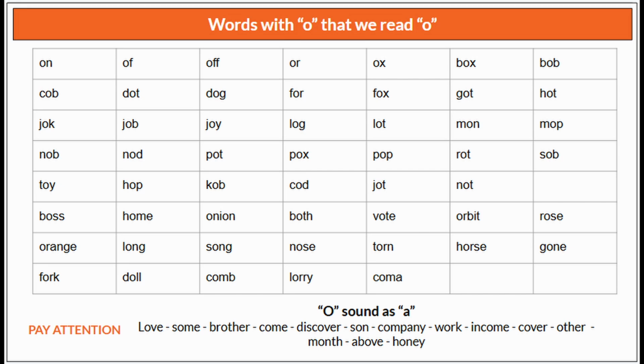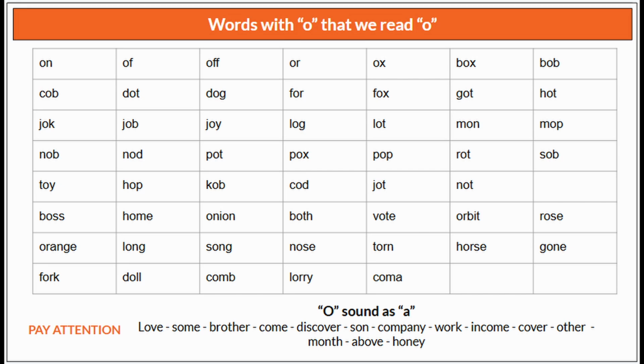Knob, toy, boss, orange, fork, off, dot, job, nod, hop, home, yes, long, doll, off, dog, joy, pot, cob, onion, song, comb, or, for, log, pox, cod, both, nose, lorry, ox, fox, lots, pop, jot, vote, ton, comma, box, goat, mon, rot, not, orbit, horse, bob, hot, mop, soap, rose, and gone.